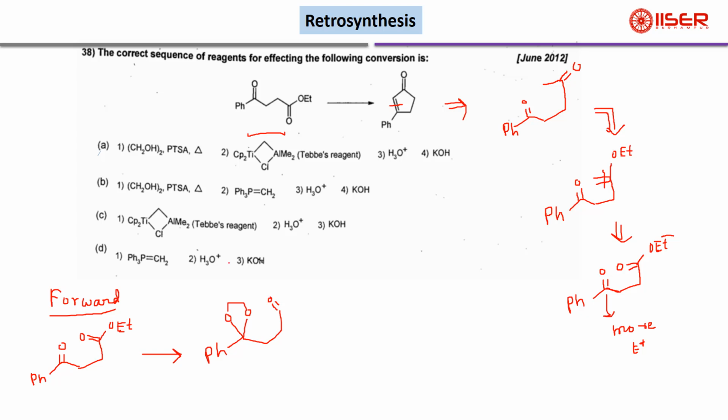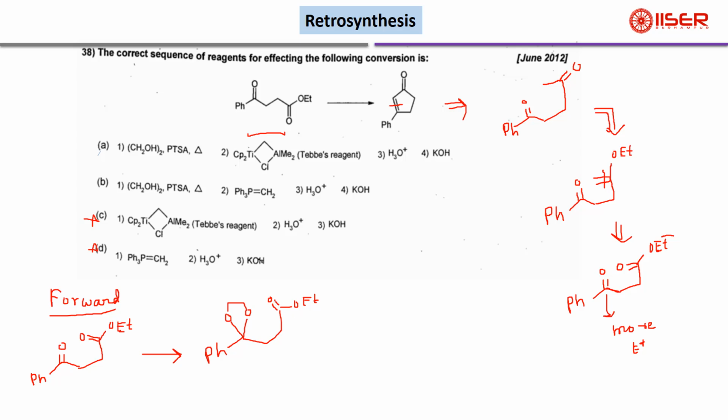So which of the options has it? Already these two are cut. These two have this ethylene glycol. The next step, we want to make this ester group into an alkene. For that we need Tebbe reagent. We have discussed this Tebbe reagent earlier also.